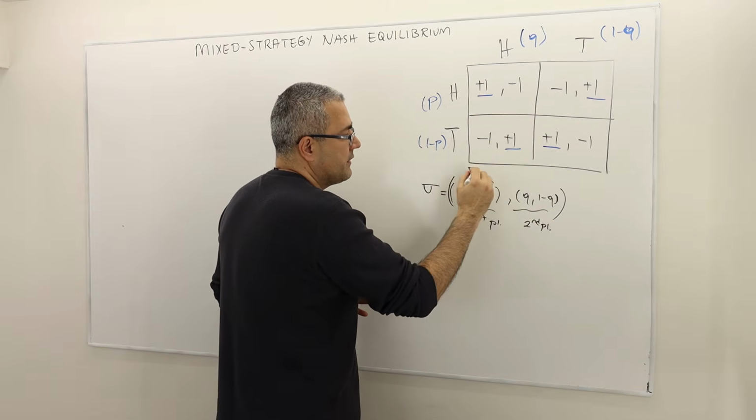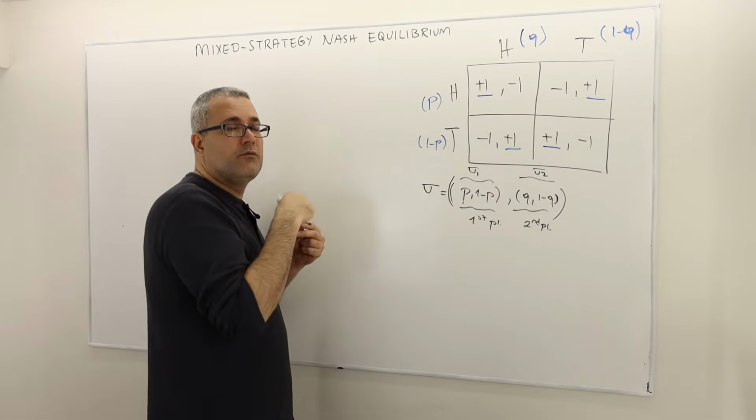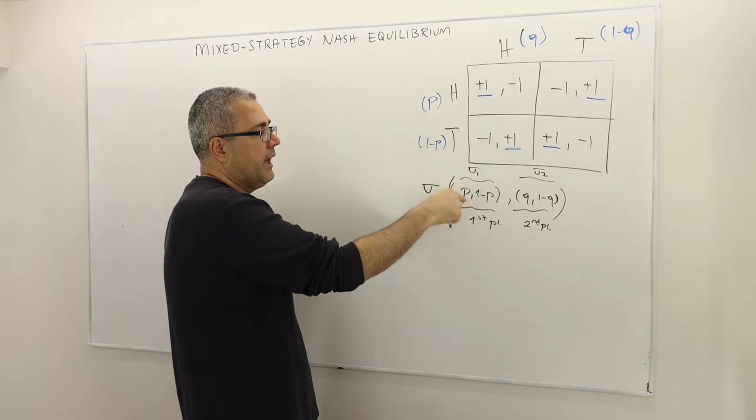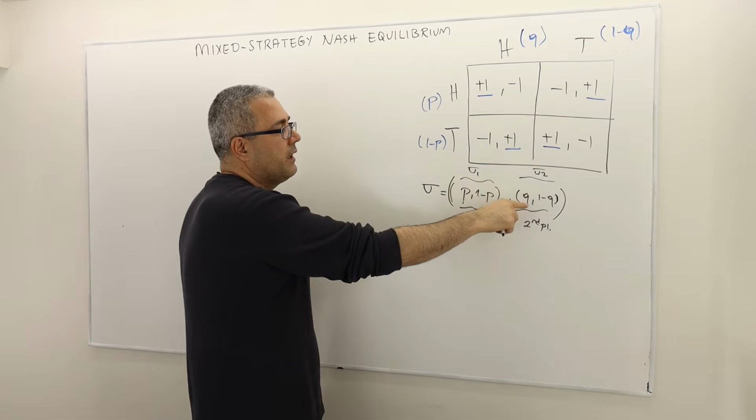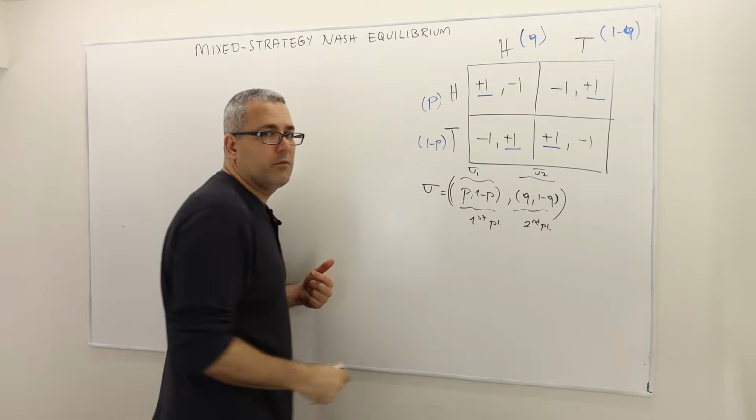So that's sigma 1, that's sigma 2. This P refers to the probability of playing head, then the probability of playing tail. Same for the second player.